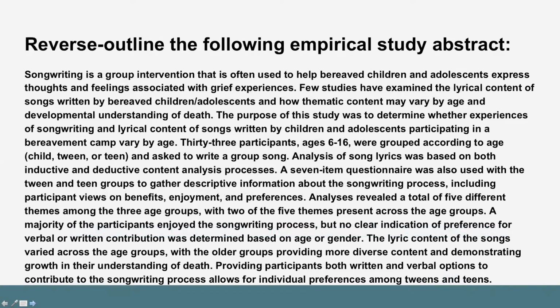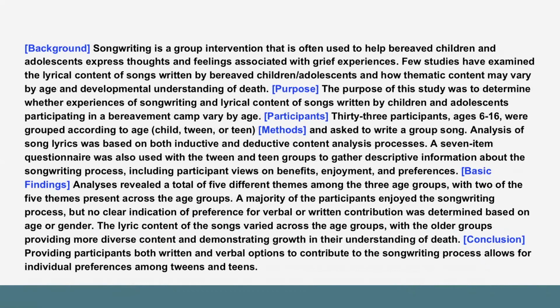Okay, so let's go ahead and go over the answer. All right, so here this writer actually starts out with some background, so it's just some additional information to give context to the rest of their abstract. And this is information that they do repeat in their actual paper. Okay, and then they go on to talk about the purpose of their study.